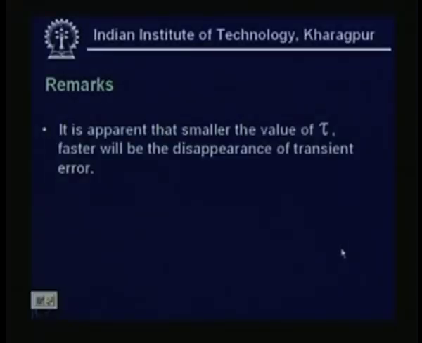It is apparent that the smaller the value of tau, the faster will be the disappearance of the transient error. In the case of step input also, if tau is small, I will immediately reach the final steady state value. If tau is large, it takes a long time, right.